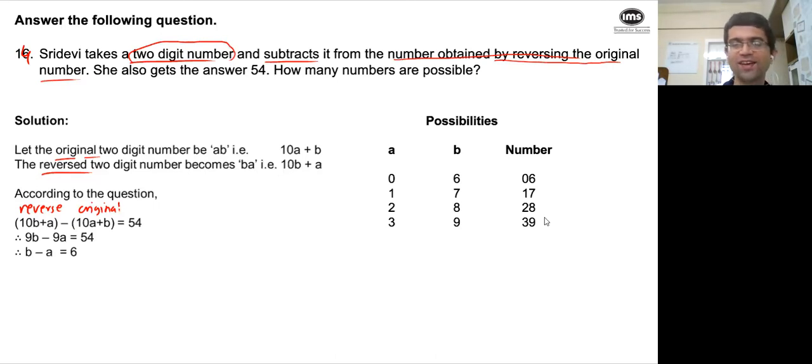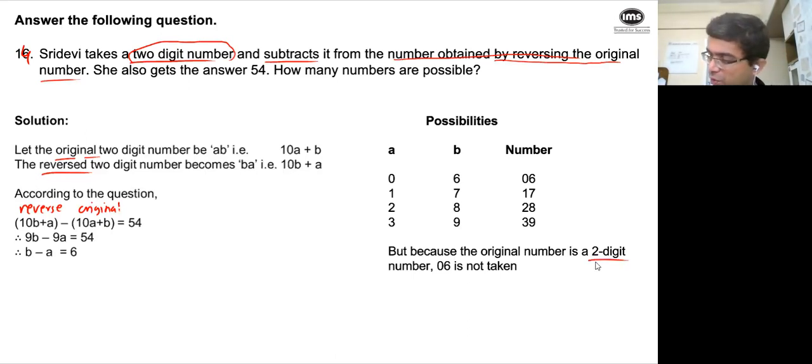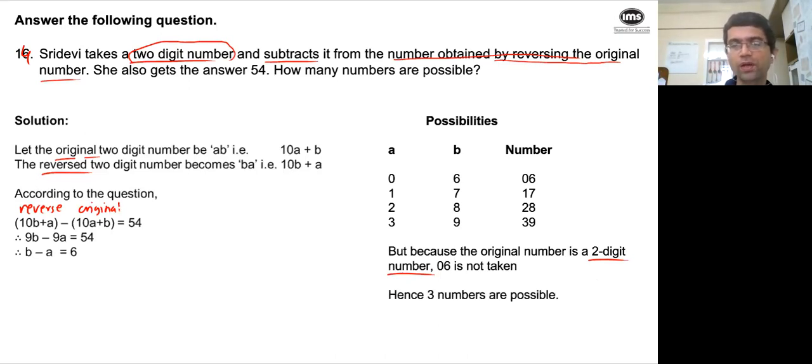No. Correct, 06 is not a correct 2-digit number, because the tens place cannot be 0 if it's a 2-digit number. No need to substitute. All we are saying is the first case is not applicable because 06 cannot be taken. Earlier it was possible, but here it is not permissible.